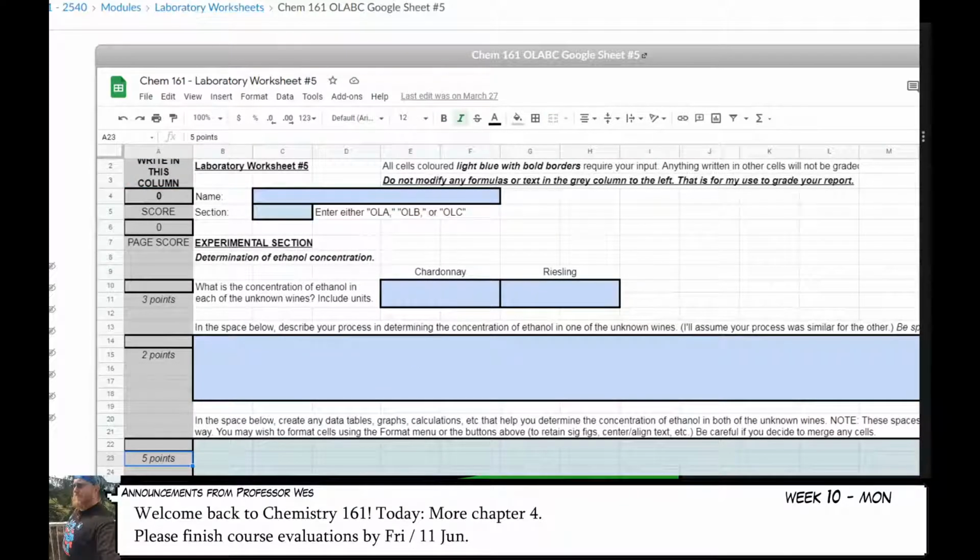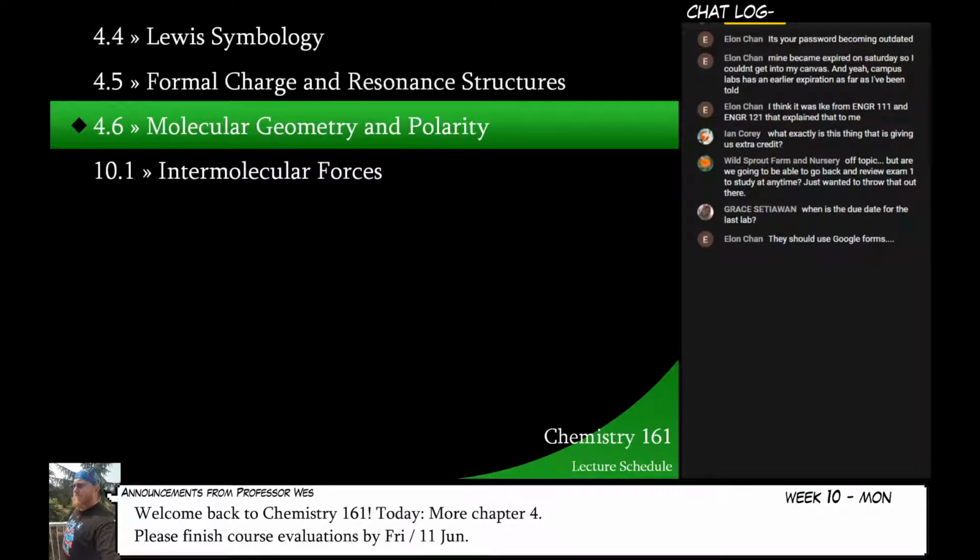This lab is due on the date indicated on the syllabus, which I believe is the day after the final exam. So let me look at that real quick. It's due the day before the final exam.